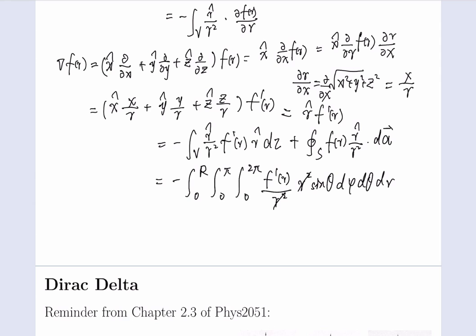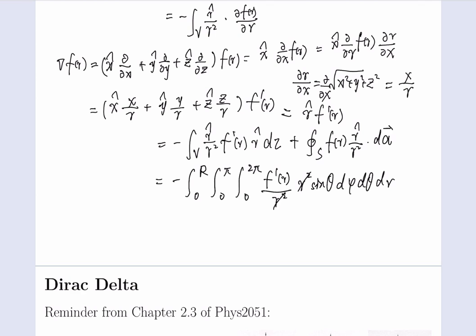If you do this integral, you can see that this simply gives you a single integral of r, which we need to deal with later.